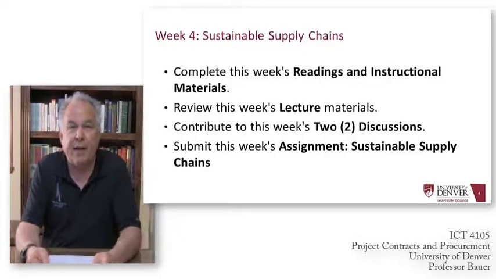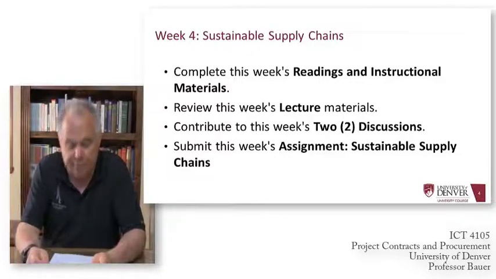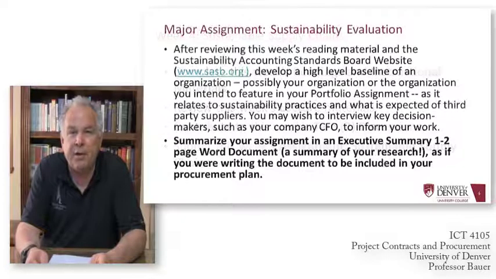Let's look at the major assignment first of all, because this is 50 points. It's a two-part thing. You look at the Sustainability Accounting Standards Board website. It's a mouthful: SASB.org, and it gives you a sense of how to evaluate an organization in terms of sustainability.